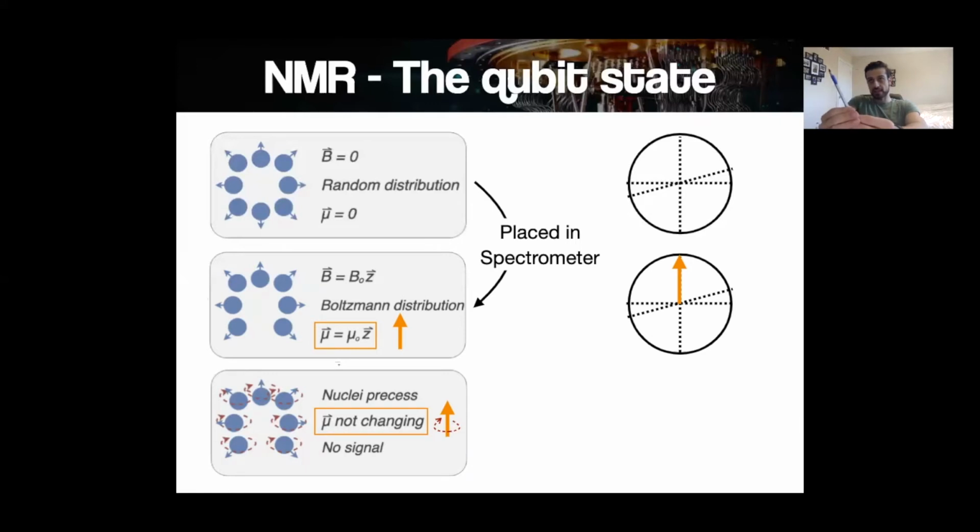If it's off to the side a little bit, it's going to precess around the z-axis. If it's off perpendicular, it's going to precess even more intensely. So the nuclei are precessing, and that's what their precession frequency is. It's the frequency of the precession, and it depends on the properties of the nuclei, and on the chemical environment of the nuclei. And it depends on the strength of the magnetic field. So a few different factors there.